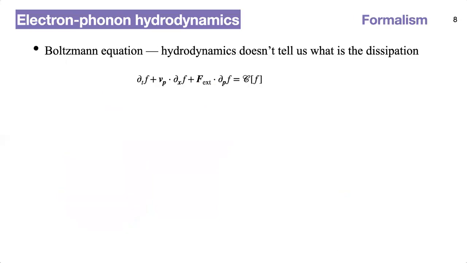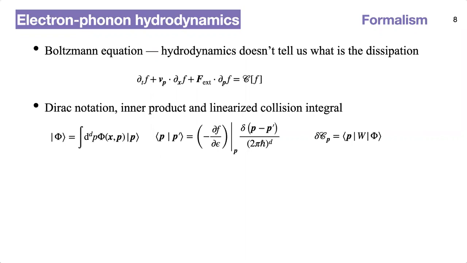As I just said, to tackle this question, we use the kinetic theory, which is also known as the Boltzmann equation. And since hydrodynamics can tell us the dispersion, we really need to do the microscopic calculation of the scattering rate. So in order to solve this equation, we linearize and get the deviation from the equilibrium.